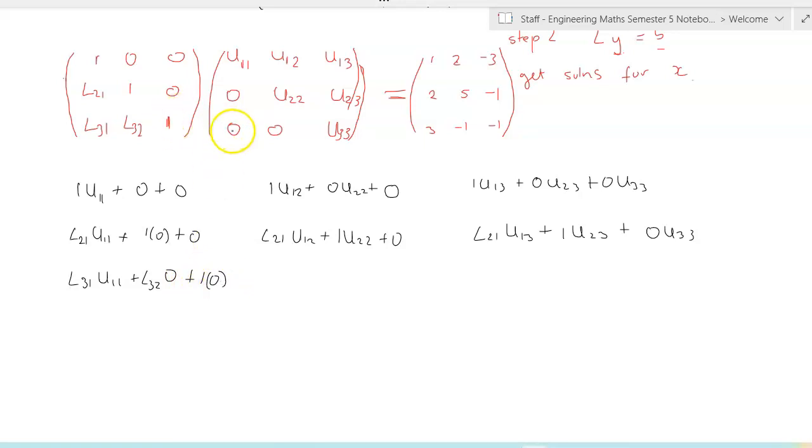And now we're in the middle element, so it's going to be L31 times U12 plus L32 times U22 plus 1 times 0.